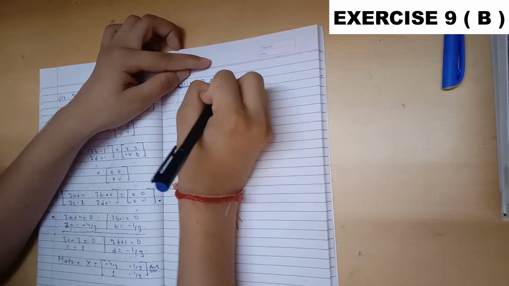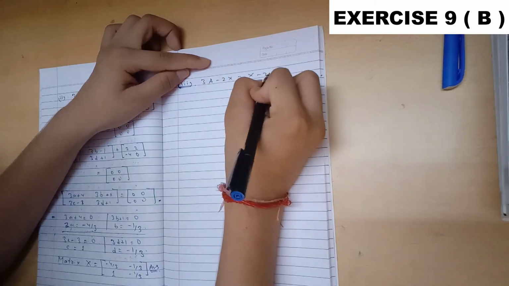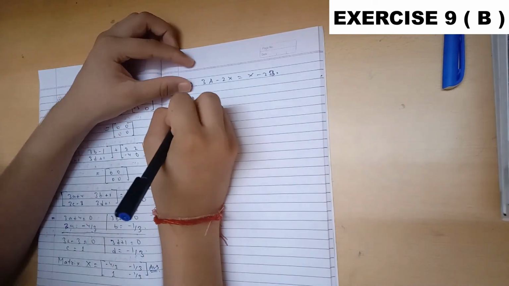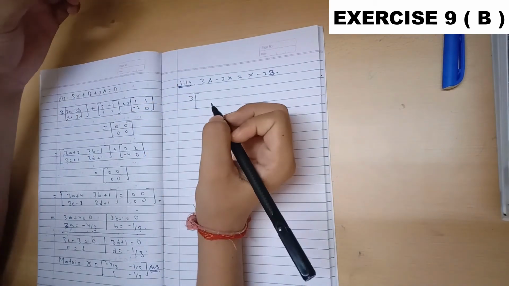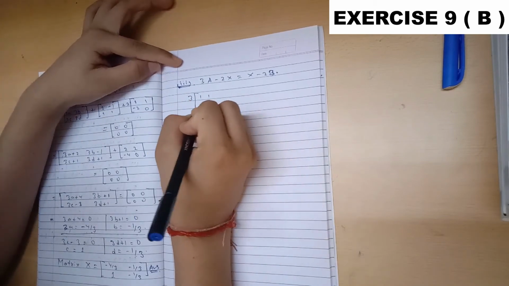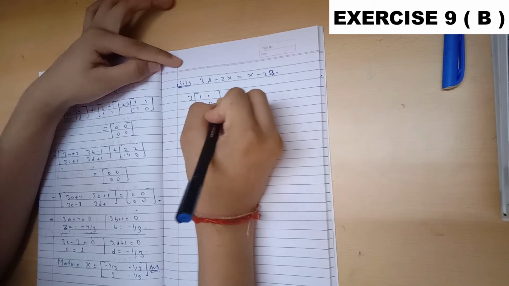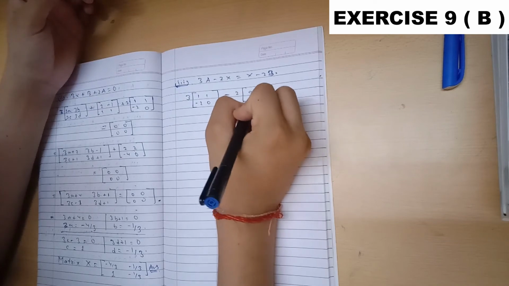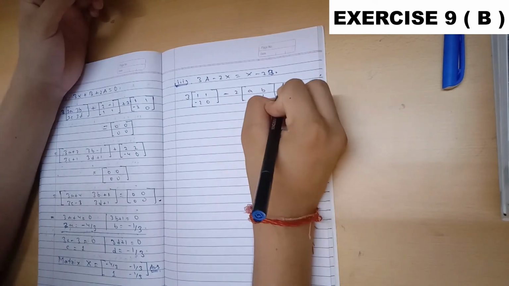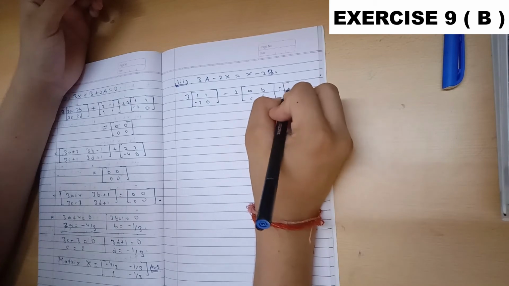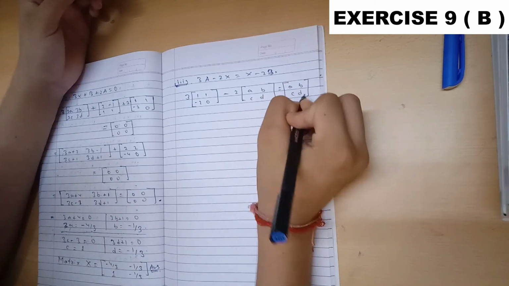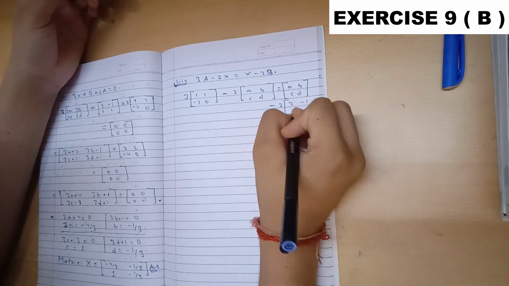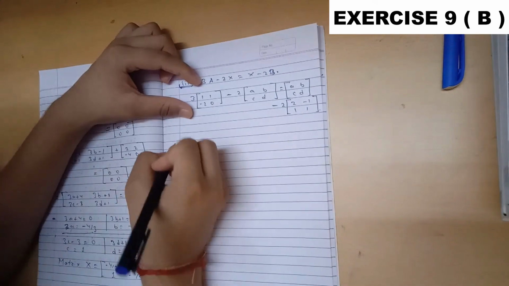3A minus 2X is equal to B minus 2X... 3A minus 2X is equal to X minus 2B. Okay, so let's begin. Scalar 3 times the A matrix, which is [1, 1, minus 2, 0], minus the 2, which is a scalar, times the X matrix, which is [a, b, c, d].